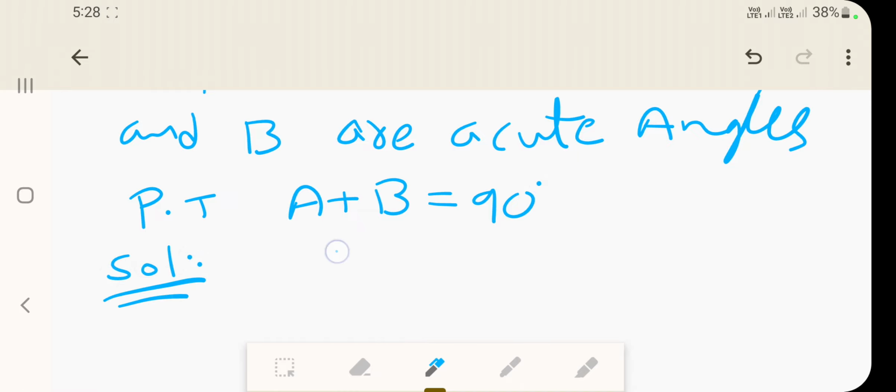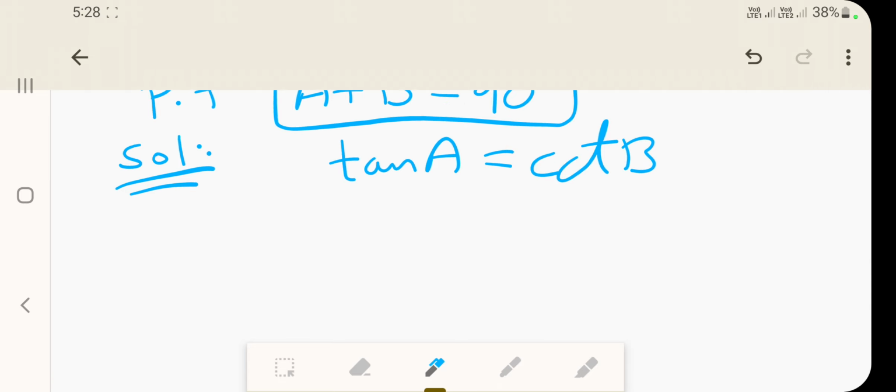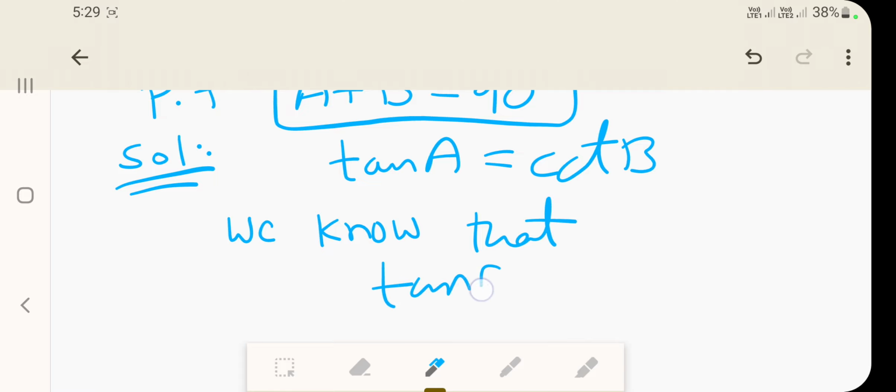So what they have asked, we have to show A plus B equal to 90 degrees, and what is given is tan A is equal to cot B. So we know the relation tan of 90 minus theta is equal to cot theta.